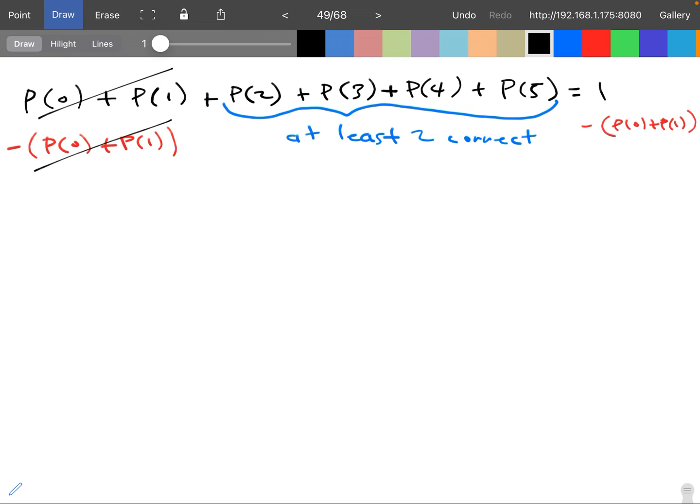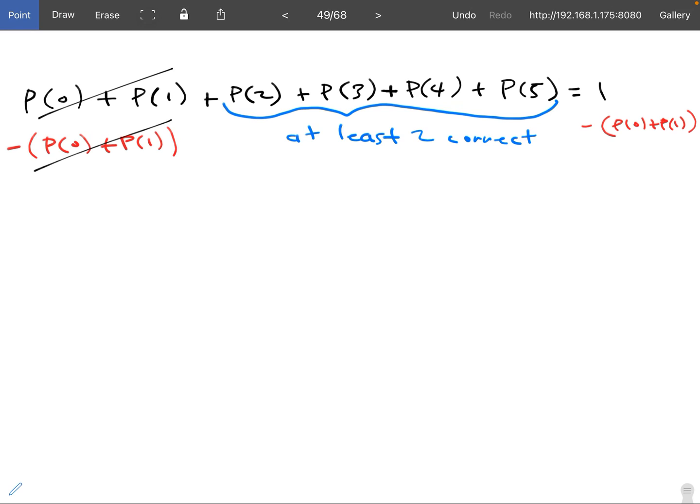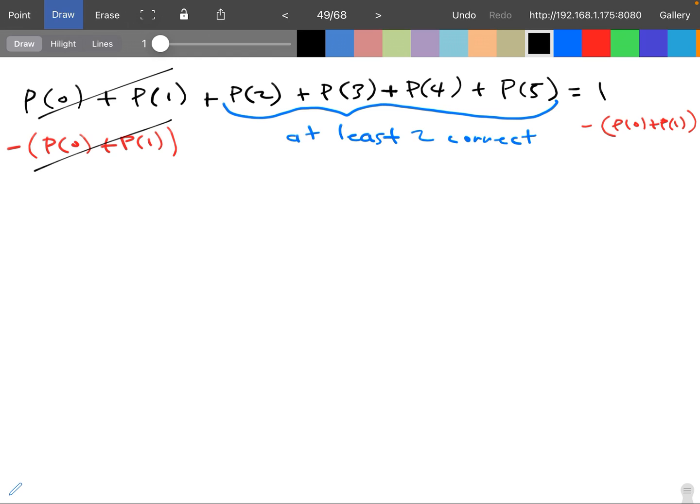So that means if I want the probability of getting at least 2 correct, what I can do instead is, if you read this right-hand side with me, this blue part of at least 2 correct is equal to 1 minus the probability of getting 0 correct or 1 correct. So let me write that down.